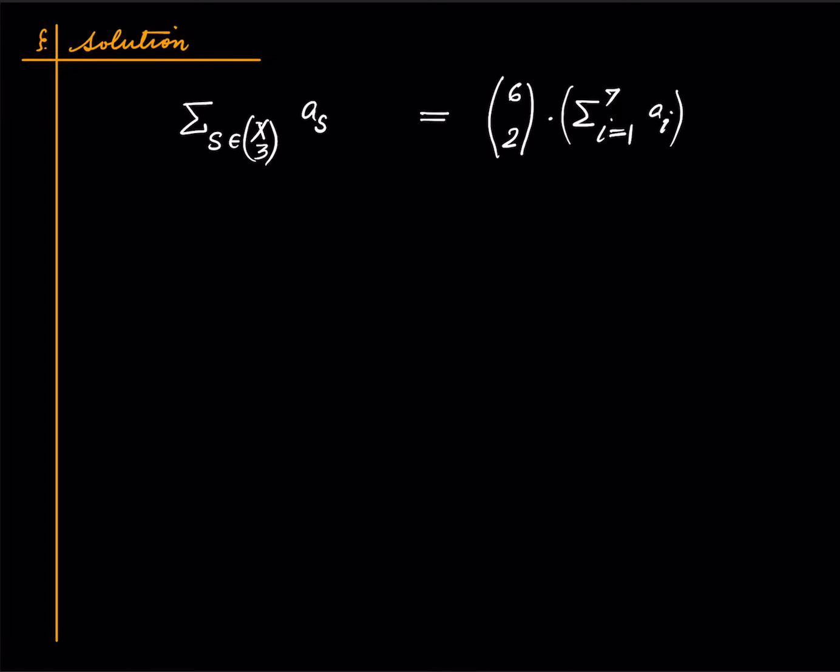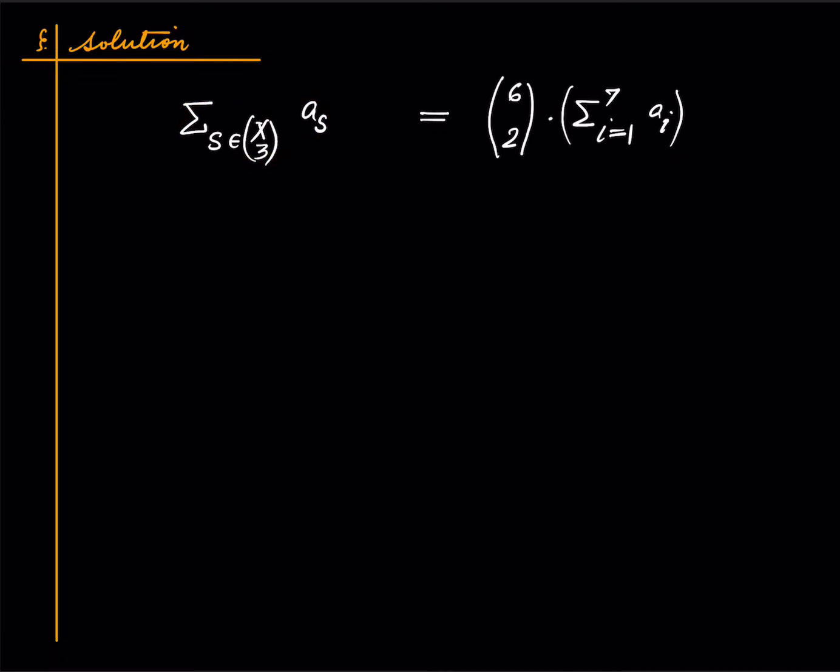So this is what I want to say, and one can prove this completely formally, but let me argue somewhat colloquially. Here is how you can argue this. Just try to see how many times a given A_i appears here. For instance, suppose we want to know how many times A_1 appears in this sum.